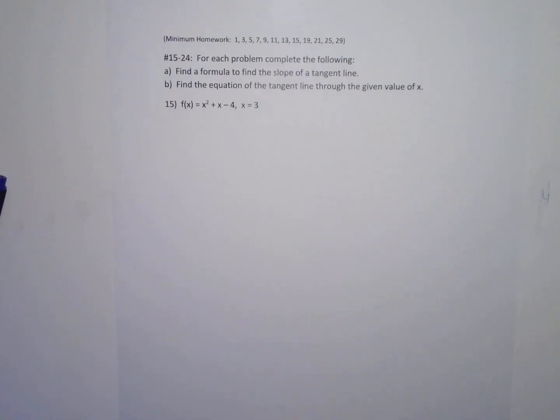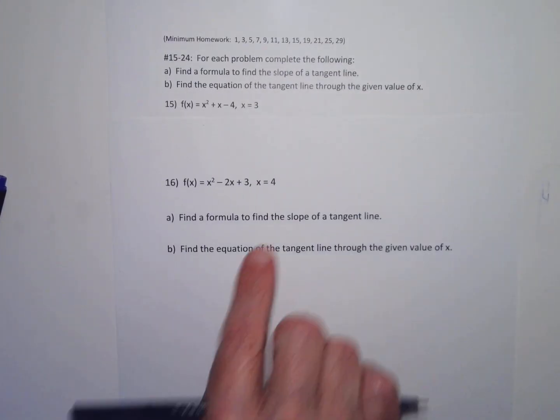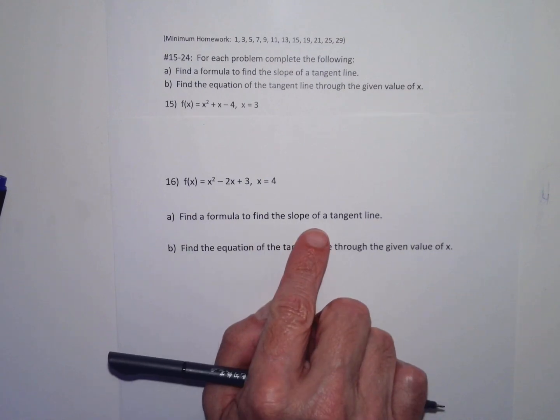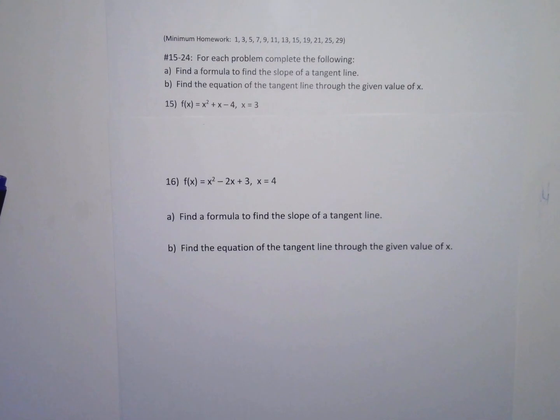Problems 15 and 16 want me to find an equation that can be used to find the slope of the tangent line. That's the derivative, and then it wants me to find the actual slope of a tangent line. So let's go ahead and do that. So part A, the formula to find the slope of a tangent line is just the derivative.